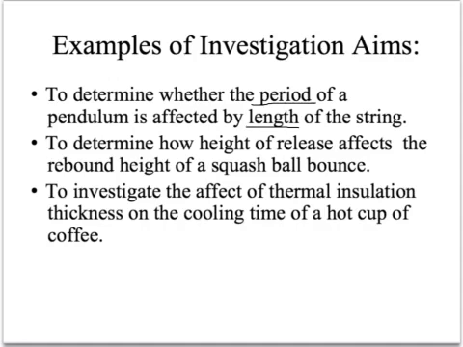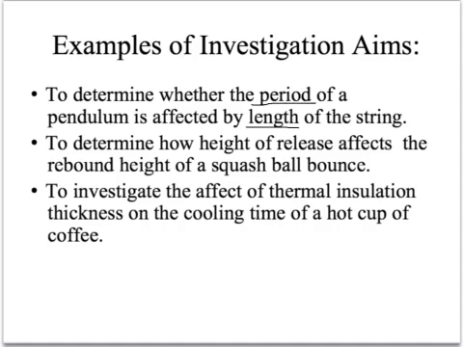So in this case, of course, the period is the dependent variable. It is the one we're going to measure, and we think that the other variable will affect it. The length, of course, is the independent variable in this case. We're going to choose a range of different lengths to test with.